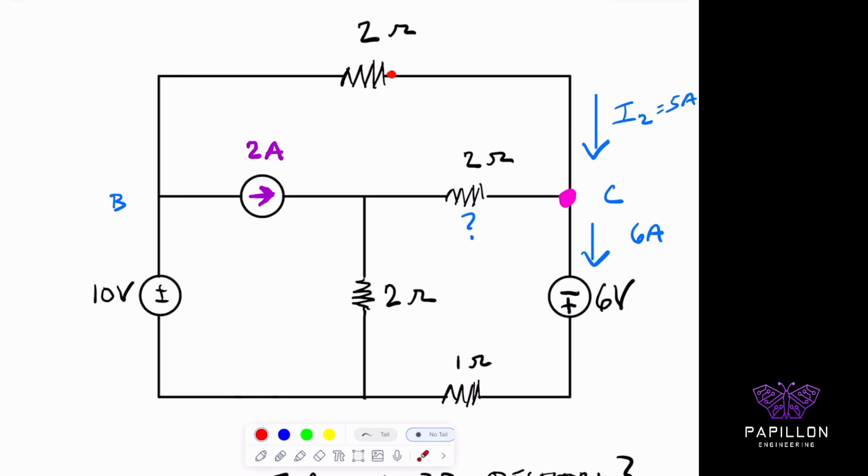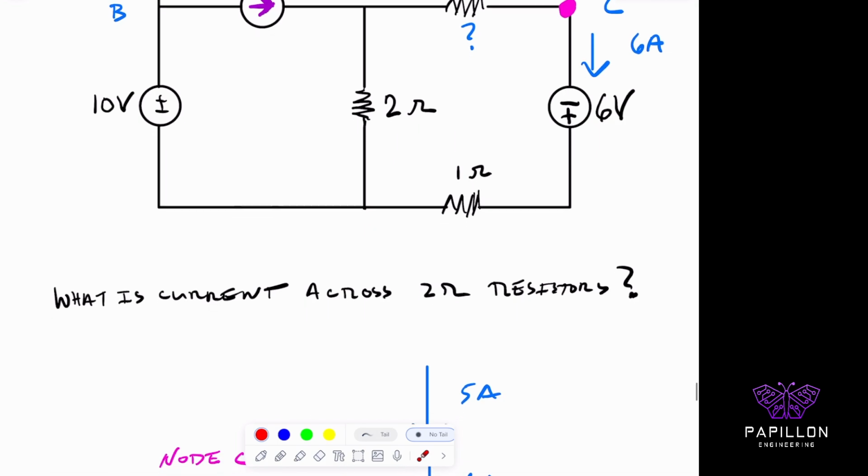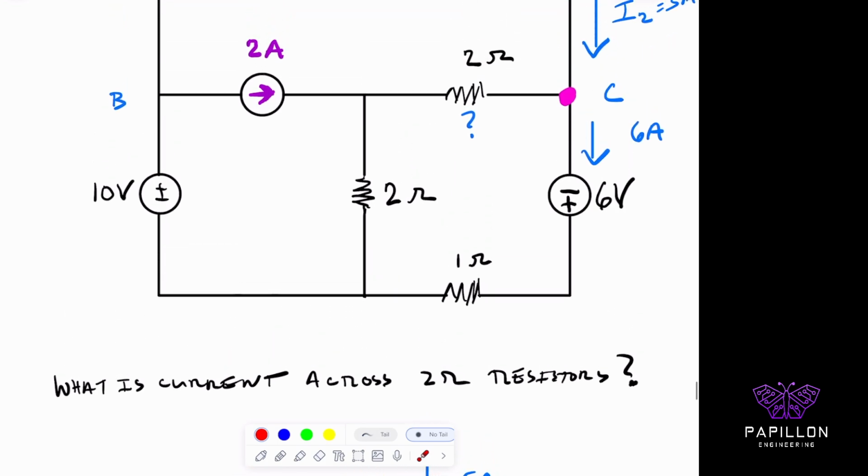So it's the same current through the entire branch. That means it also must be 5 amps entering this node, which I'm going to call node C. We solved for the current through this loop, which I called I3, and that current was 6 amps. So if I have 5 amps entering this node, 6 amps leaving this node, then how much current is going across this particular 2 ohm resistor?